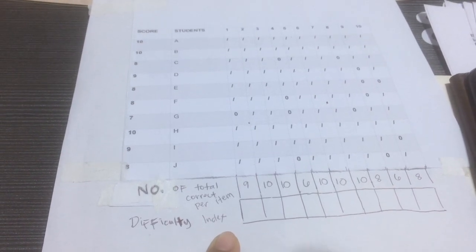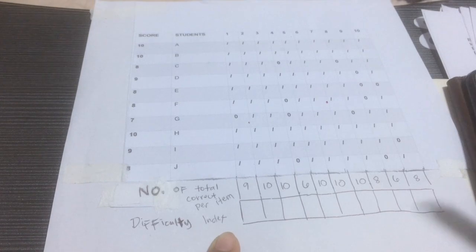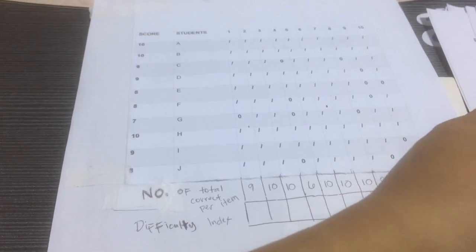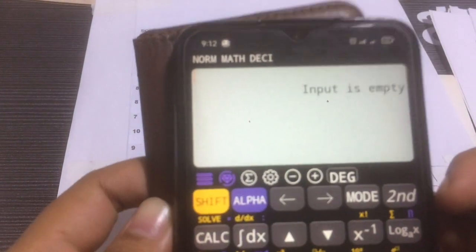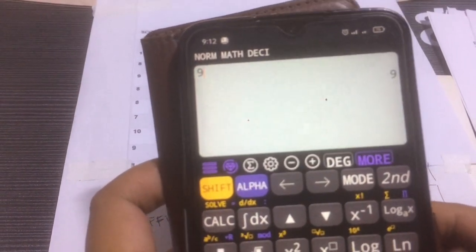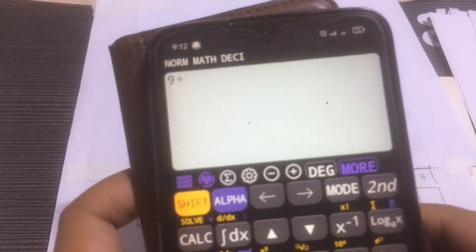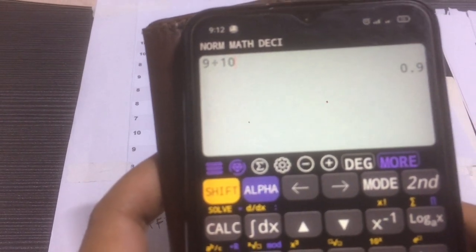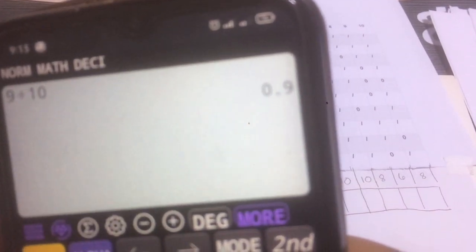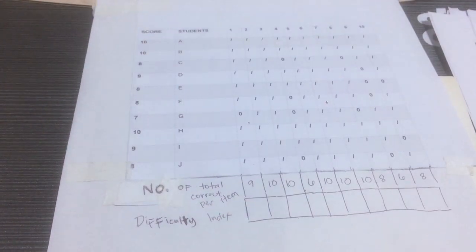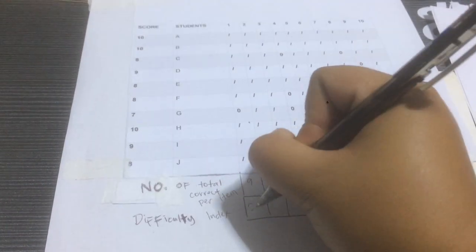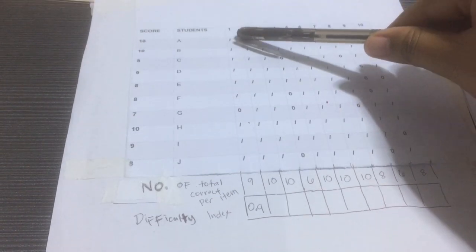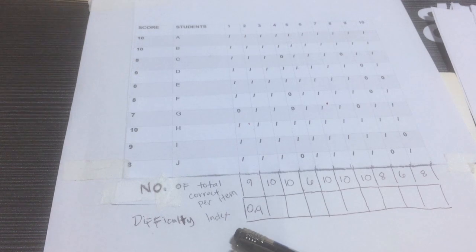So the difficulty index of item 1: we need to divide 9 by 10, which is 0.9. So the difficulty of item number 1 is 0.9.